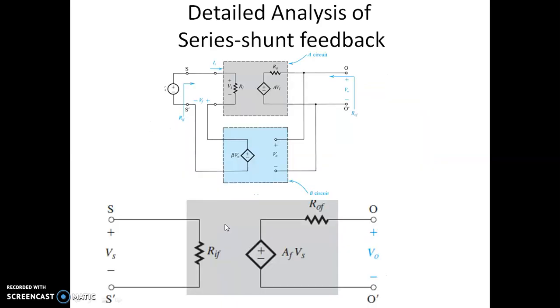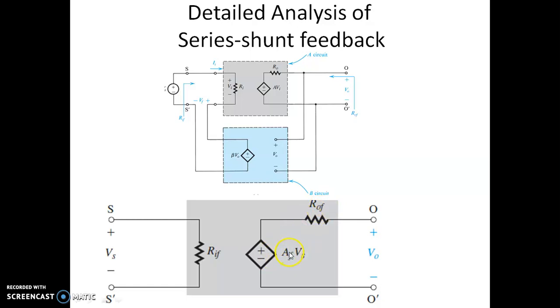So let us start representing this amplifier after feedback, how it looks. This is an amplifier with source and load and with feedback network, and this can be effectively represented by only one input source, called RIF. This RIF happens to be the input impedance after feedback. Again, ROF stands for the output impedance with feedback.